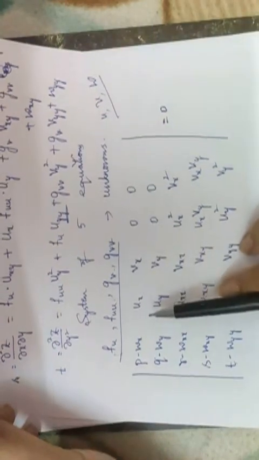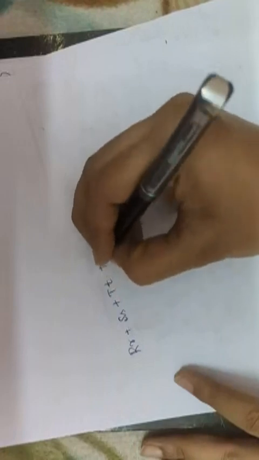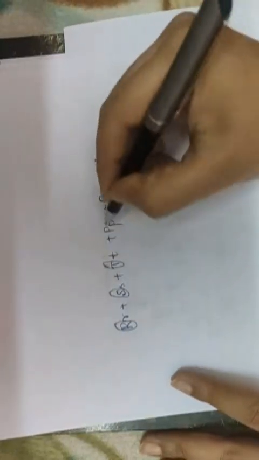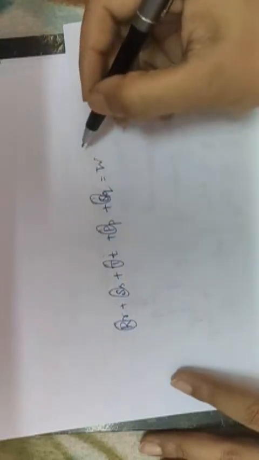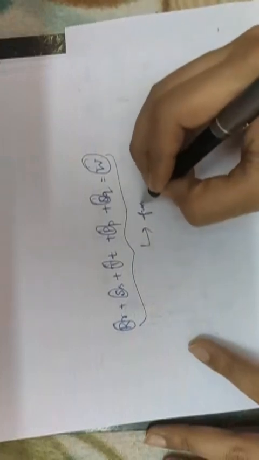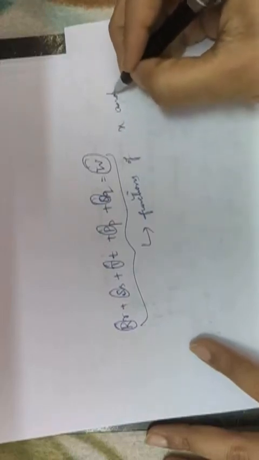Now if you expand this determinant column wise, you will get a relation as Rr + Ss + Tt + Pp + Qq = W. Here you will have values for S, R, T, P, Q and W. But all these are functions of x and y itself.